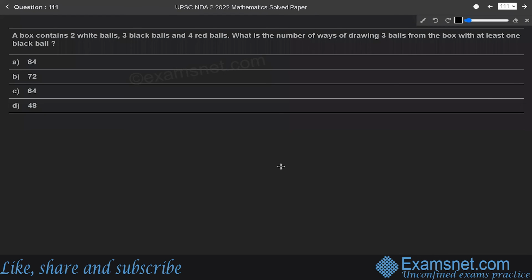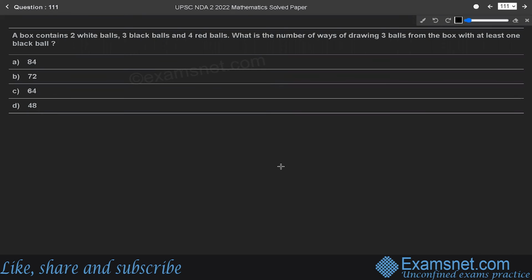Next question is a box contains 2 white balls, 3 black balls and 4 red balls. What is the number of ways of drawing 3 balls from the box with at least 1 black ball? It is a very, very interesting question.